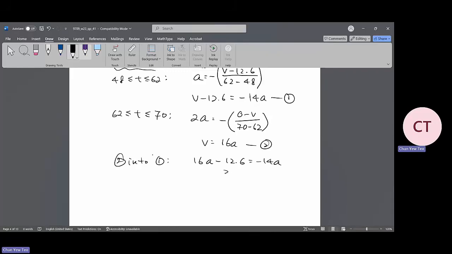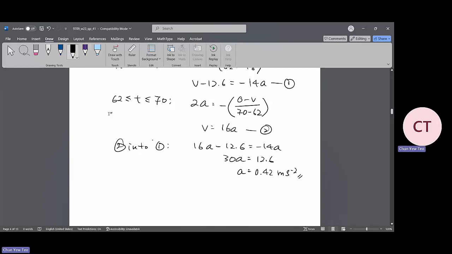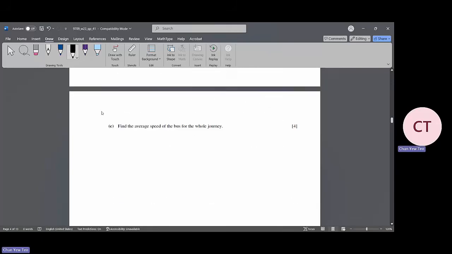So you get 30A is equal to 12.6. Just press your calculator, 12.6 divided by 30, you can get 0.42. So this will be the answer. Done. Then we move on to C.